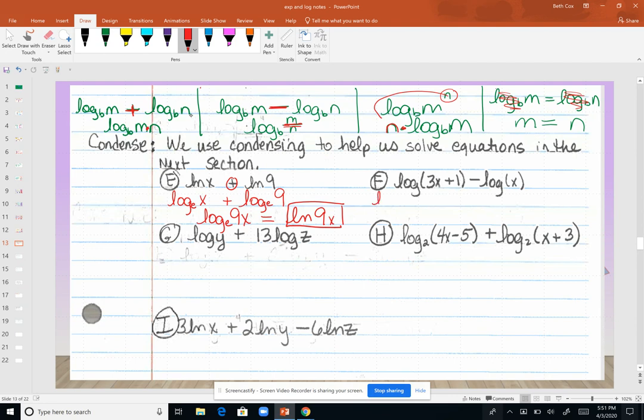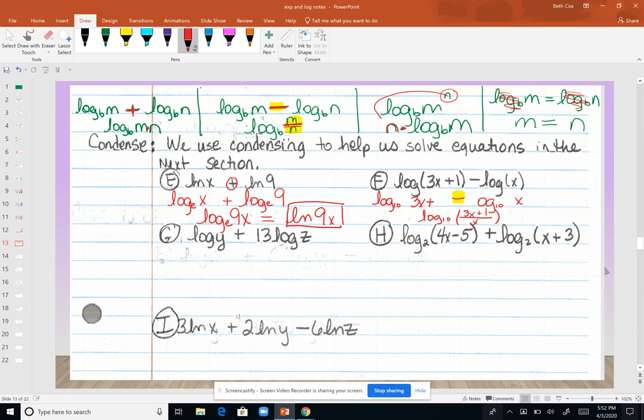Example F is log base 10 of 3x plus 1 minus log base 10 of x. And so using my property, minus can be written as a fraction. This one can be rewritten as log base 10 of a fraction, where you have 3x plus 1 on top and x on the bottom.